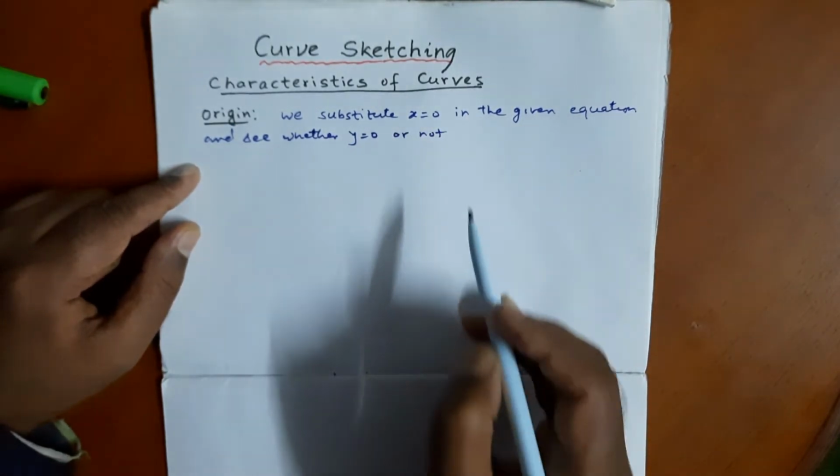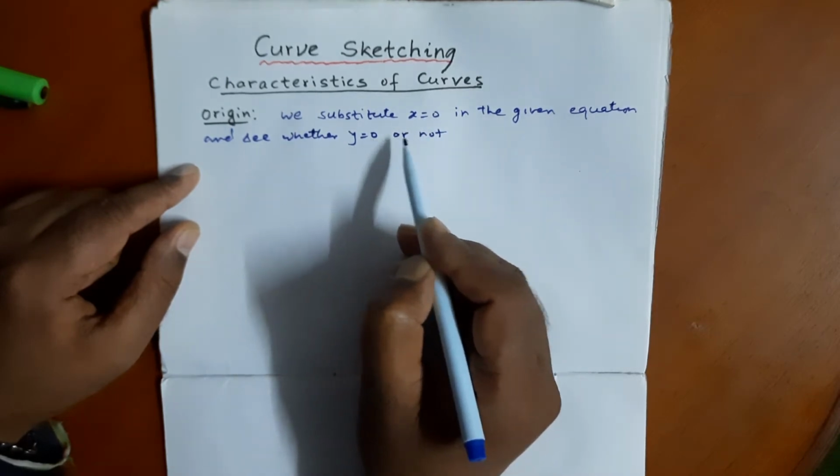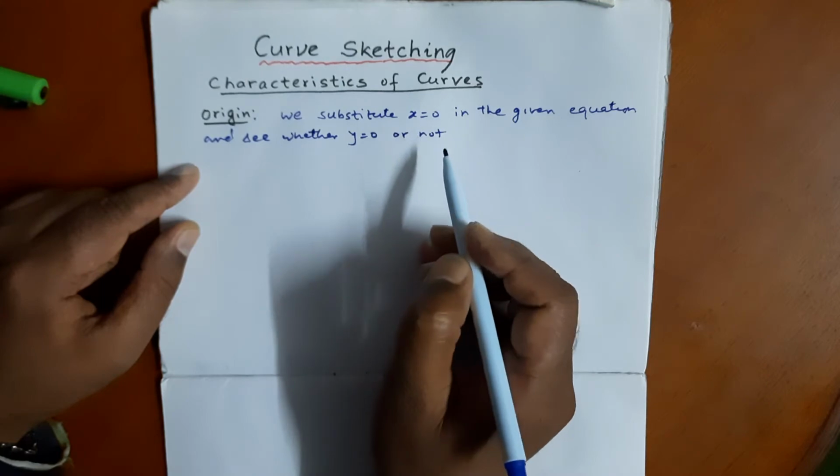If by substituting x equals 0, y equals 0 also, then the curve passes through the origin.